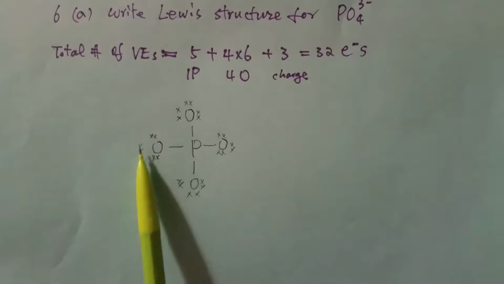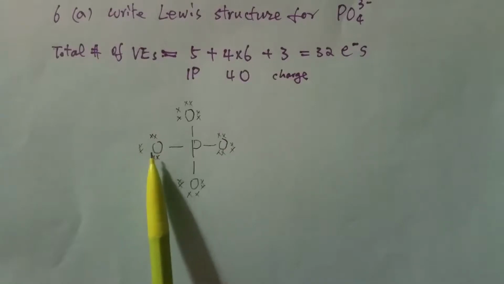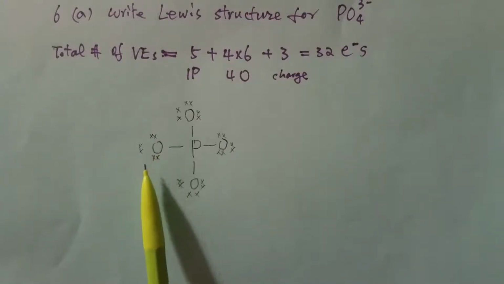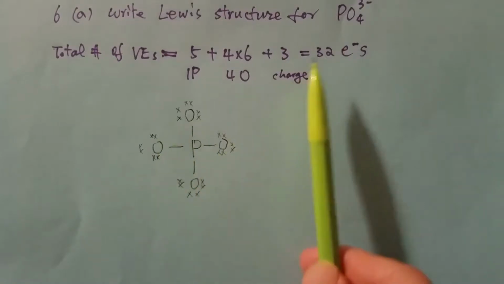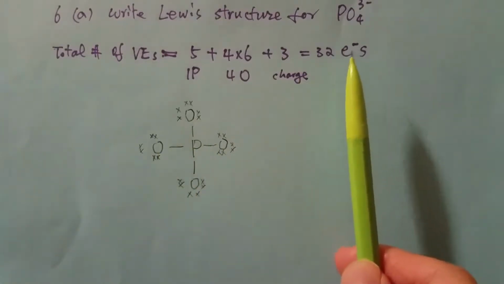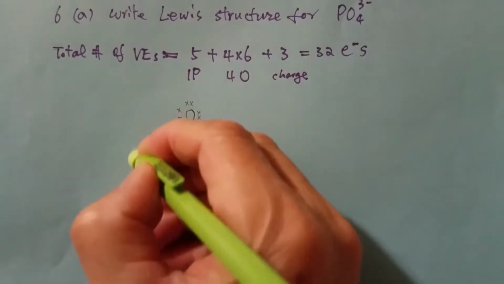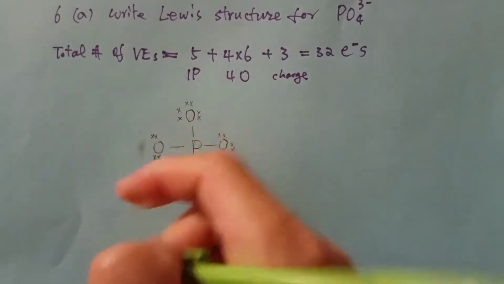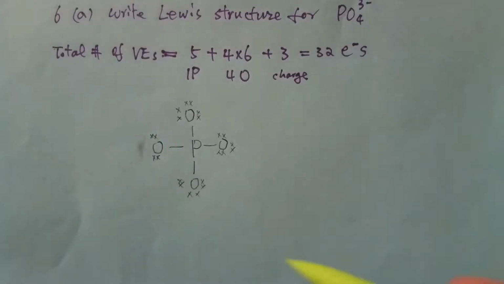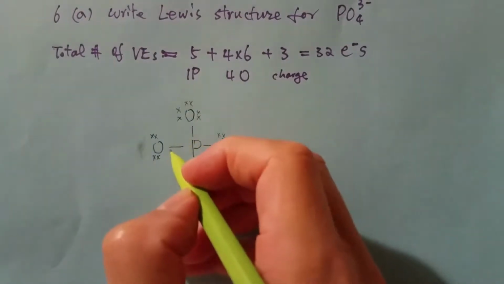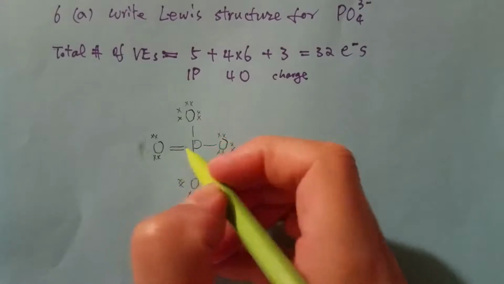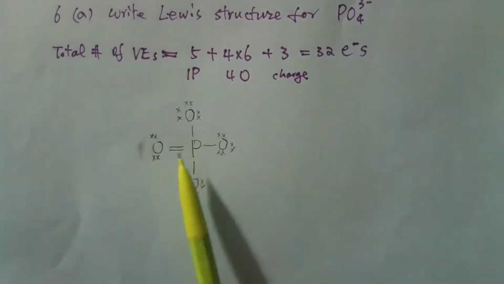One way is as a lone pair attached to this oxygen, and then we would have used all 32 electrons. Another way is to use them as a bonding pair, which means we draw a double bond.